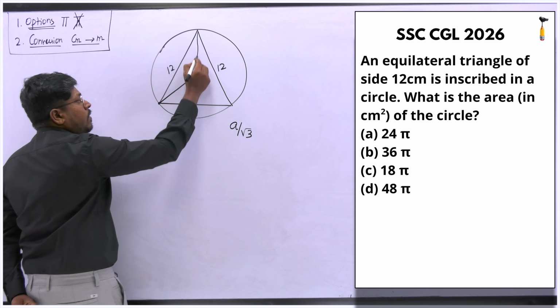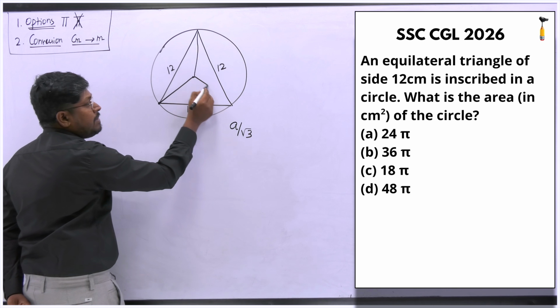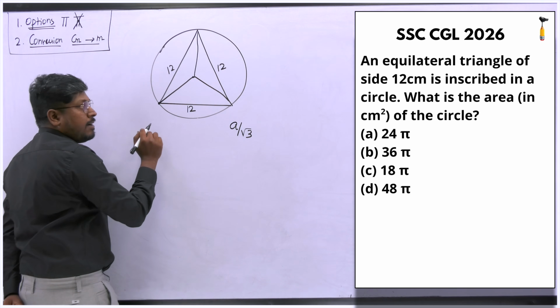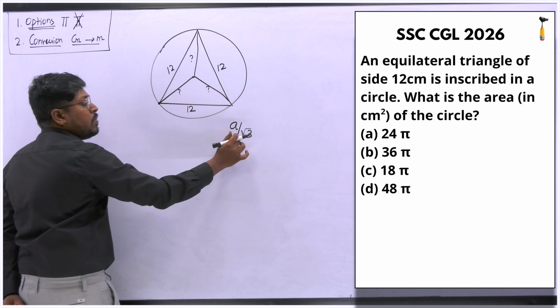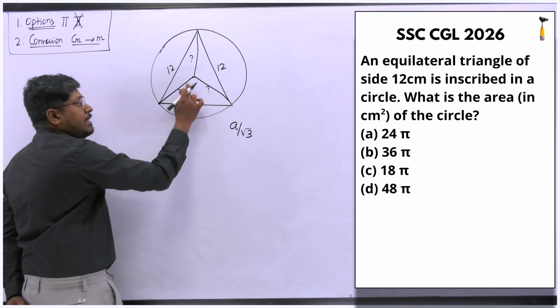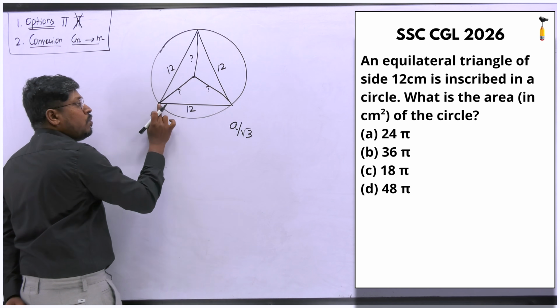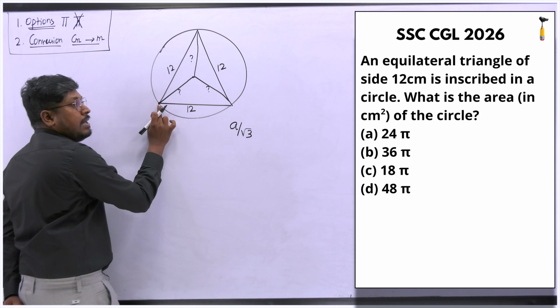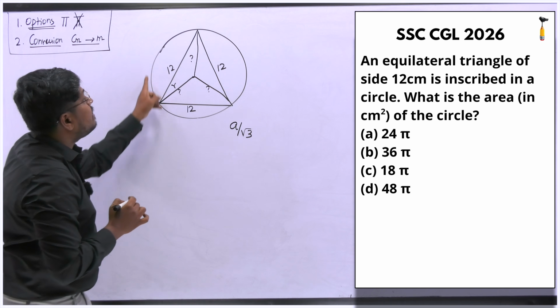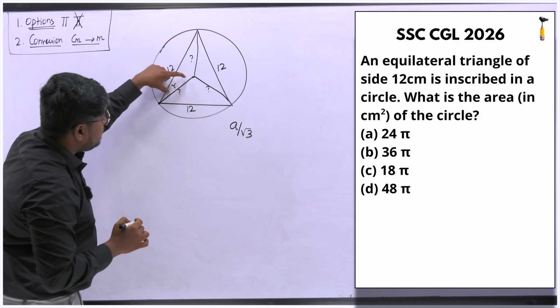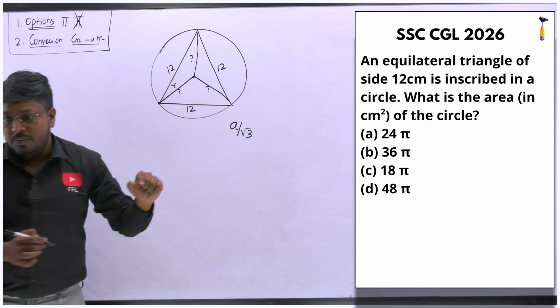So the length from the center point of the equilateral triangle to the vertices, in order to find this length, we use the formula a root 3. So this acts as the length from the center point to one vertex of the triangle. So this value will also act as the radius of the circle. Yes or no? So this length will be equal to, just a moment.